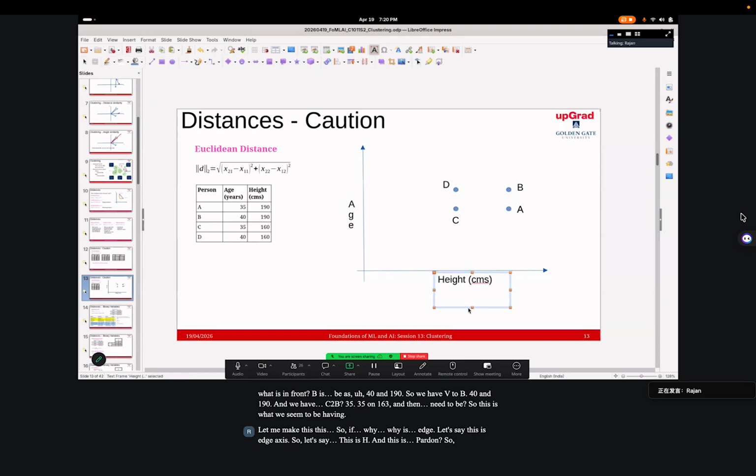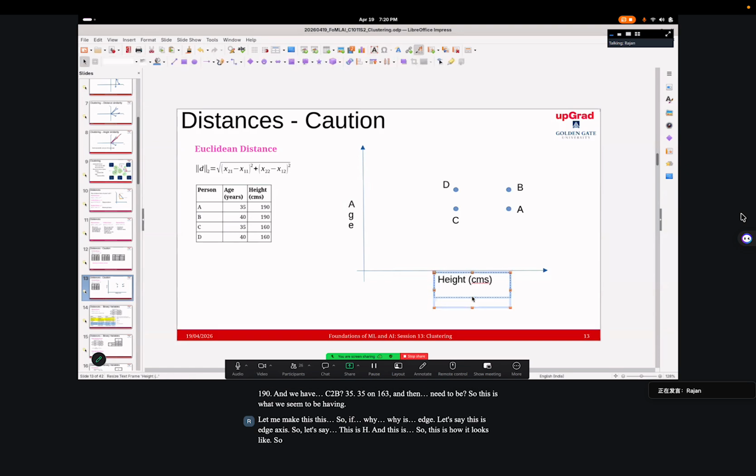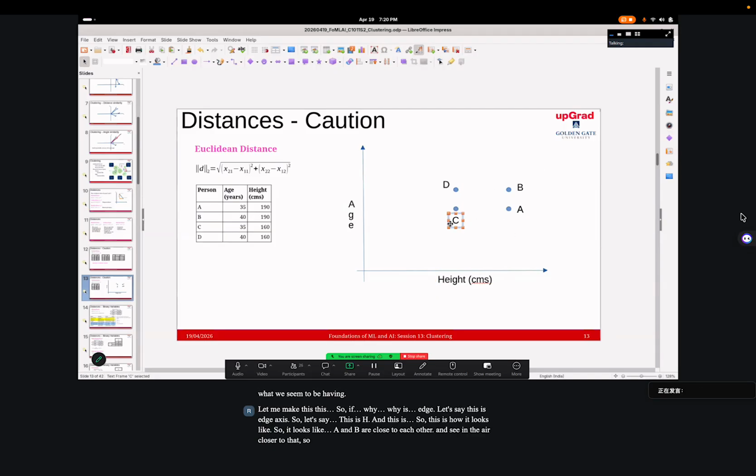So this is how it looks. It looks like A and B are closer to each other, and C and D are closer to each other. So we have these two clusters: A and B as one cluster, and C and D as another cluster.